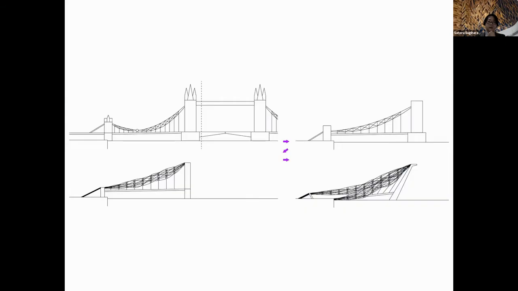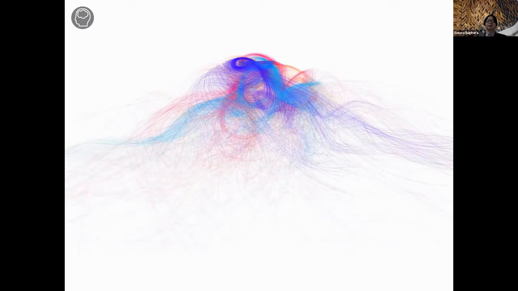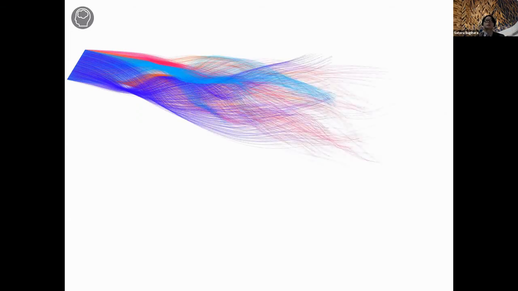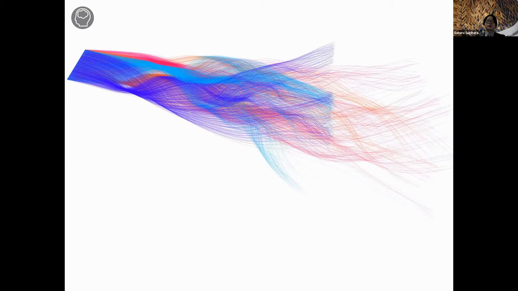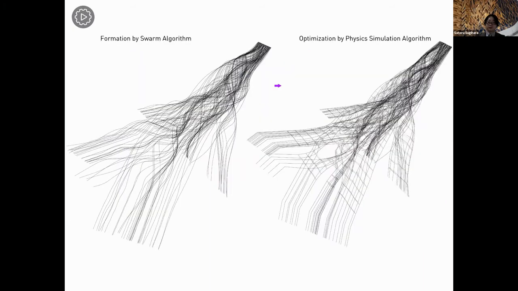Another application of the same approach is when I designed a pier. This is just a project, so it's not realized at all. I used swarm formation to generate a suspension pier. The previous installation was a kind of suspended structure, and this is a suspended bridge, like a half bridge, so it's a pier. The first part was formation.